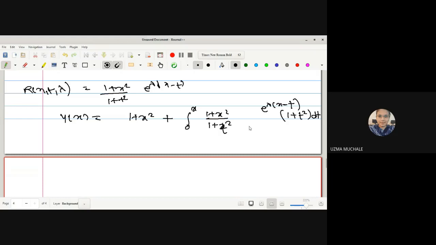Now let us see these two get cancel, 1 plus t square, and let us solve this integration so that we get the solution of the given integral equation. This 1 plus x square we can take outside. Integration is with respect to t.